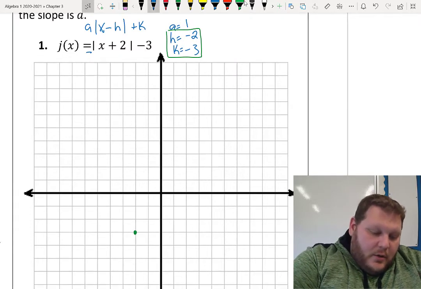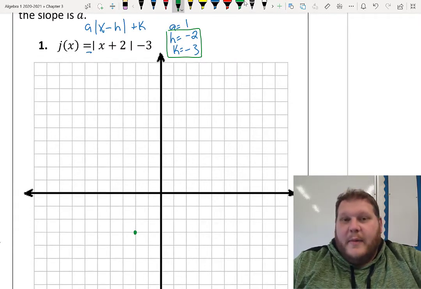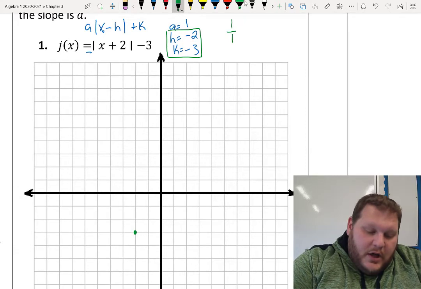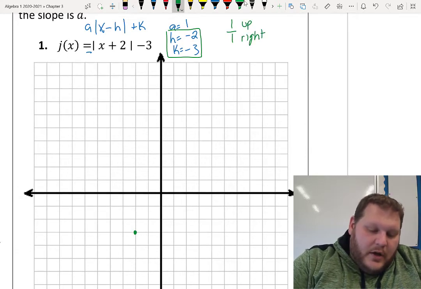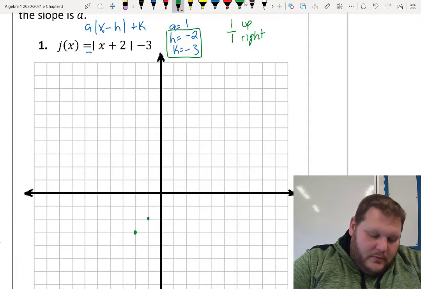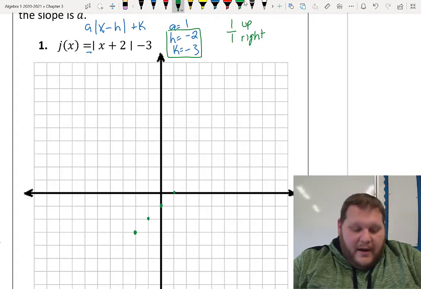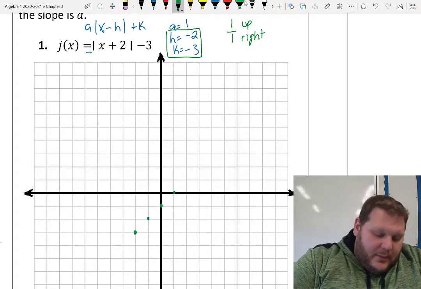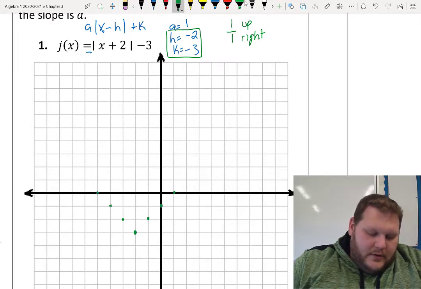Now from here, we just apply my slope. If my slope is +1, which we know means 1 over 1, from here we can go up 1 over 1, up 1 over 1, up 1 over 1 if we want to continue doing more points. But since that's only half of my graph, I have to do the same thing on the other side. Up 1 over 1, up 1 over 1, up 1 over 1.